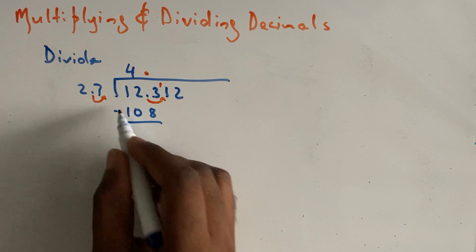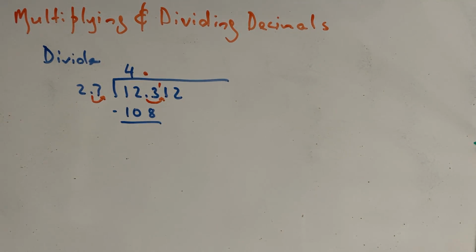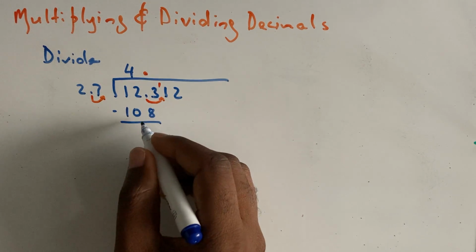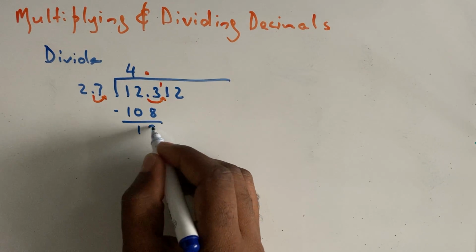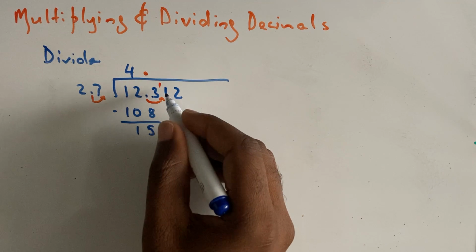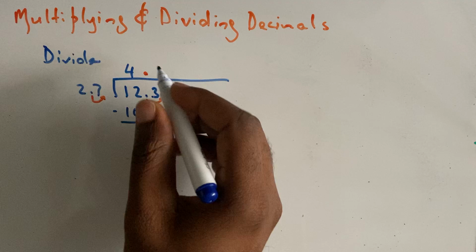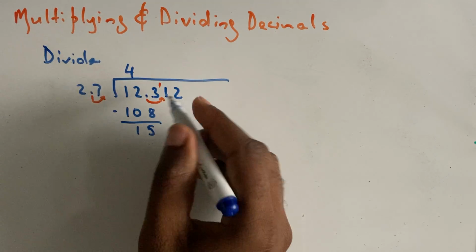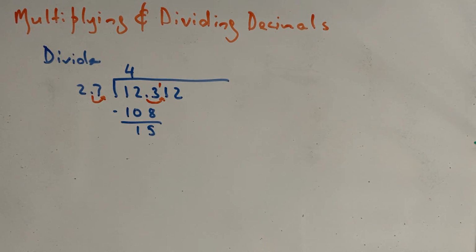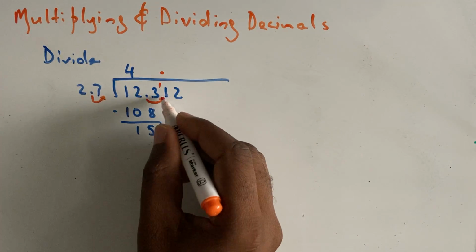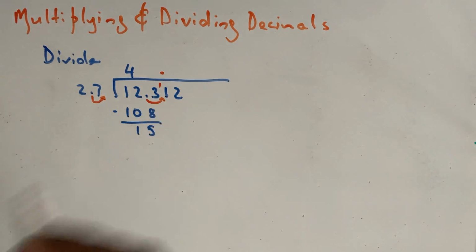Then remember for division, you have to subtract. 108 from 123 is 15. You bring down the next number. By the way, the decimal point is up there because I moved it, and now we're passing it to get to the 1.